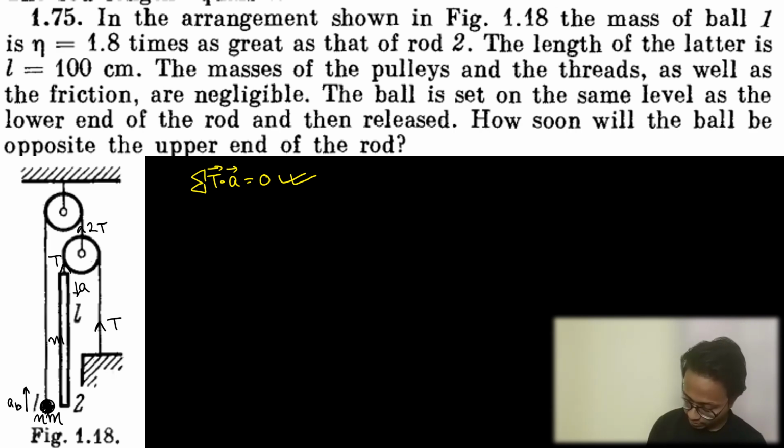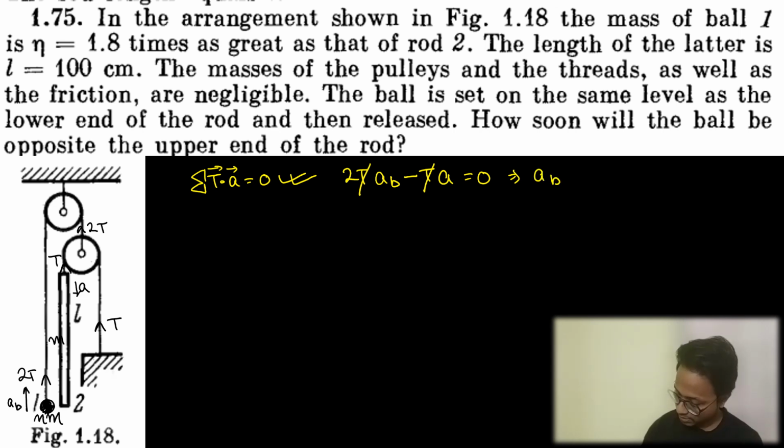So this 2T would get applied out here. So can I say 2T into acceleration of ball is equals to mass times... or minus T into acceleration of block is equals to 0, or acceleration of ball is equals to acceleration of block divided by 2.